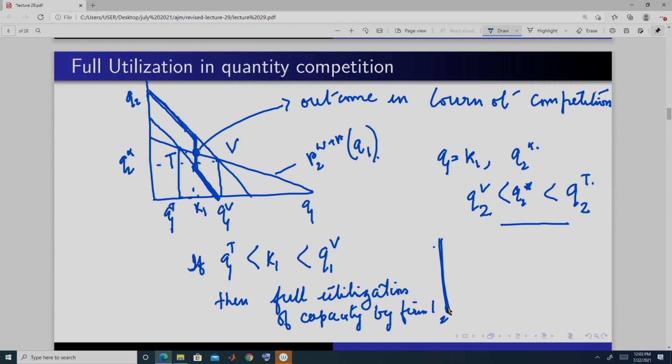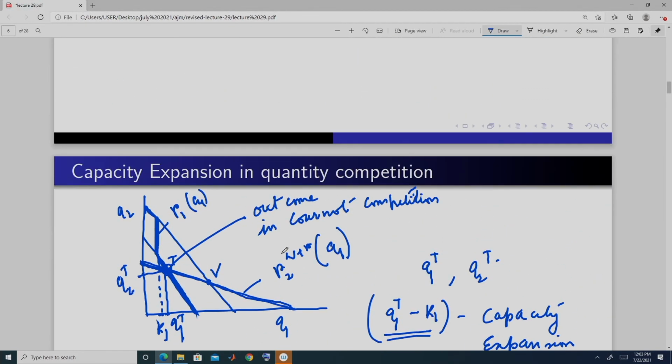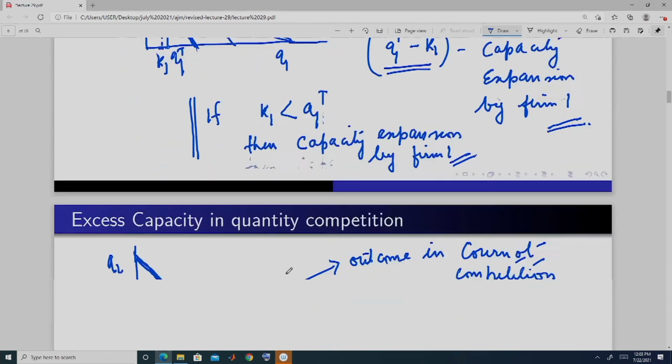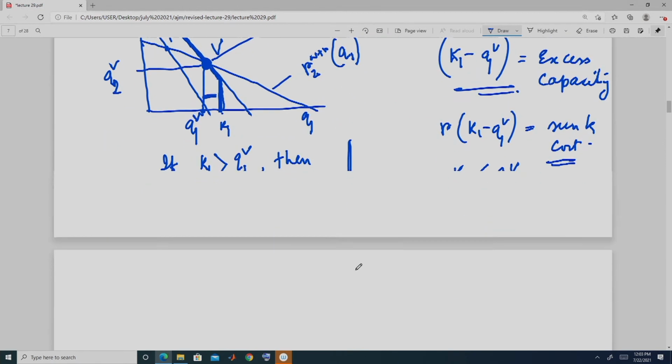So, we have seen that in stage 2, suppose firm 2 enters, then what are the possible outcomes depending on the capacity of firm 1. If capacity is very low like this, then firm 1 needs to expand its capacity and the outcome is at this point, T point. If capacity is too much, then the outcome when firm 2 enters is at V and firm 1 has some excess capacity.